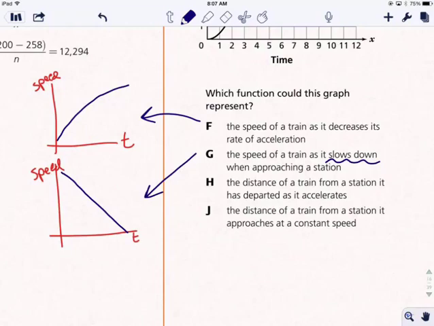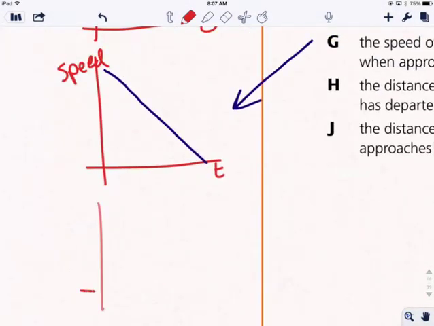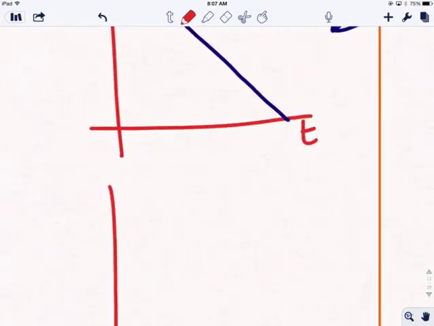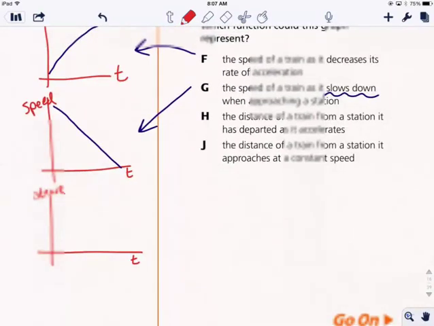How about h? H, instead of having speed as the y, we now have distance. So distance over time. So the distance of a train from a station as it departed, as it accelerates.